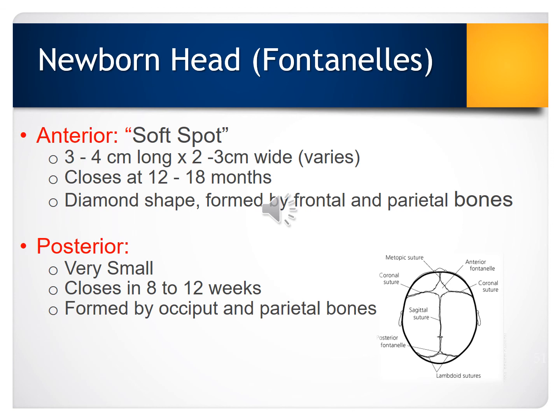We have an anterior fontanelle, which in lay terms refers to that soft spot at the top of a baby's head, and then a posterior fontanelle, which has more of a triangular shape in the back of the head. When these closures occur, usually the anterior fontanelle, the soft spot, takes longer to close compared to the posterior, which I've indicated here.